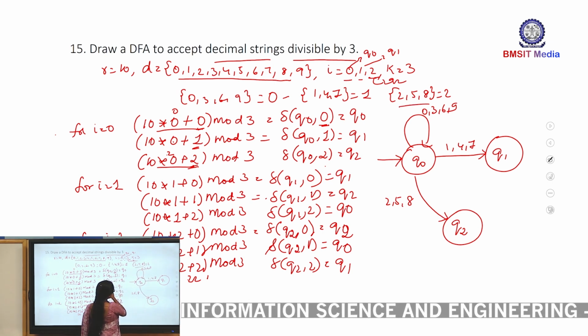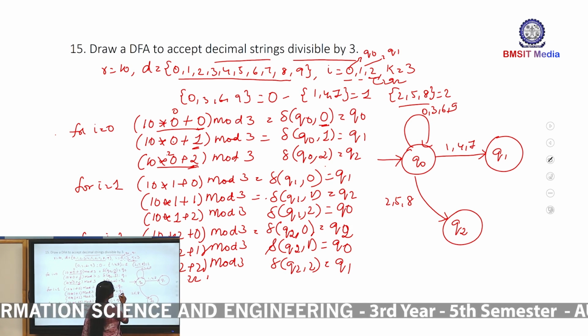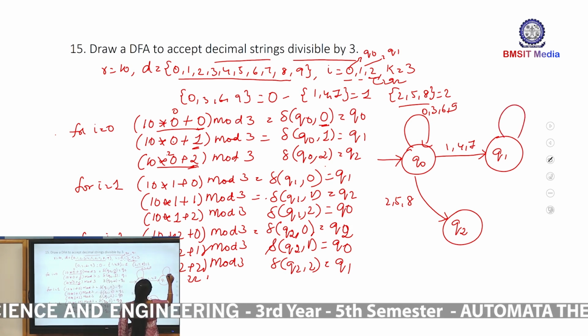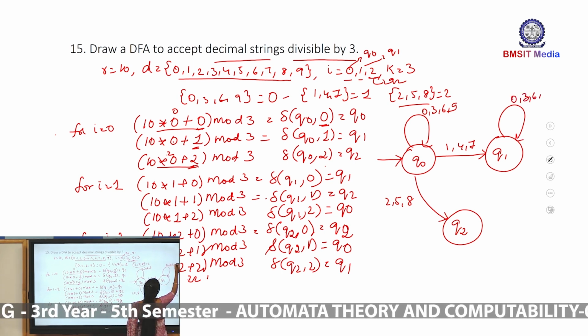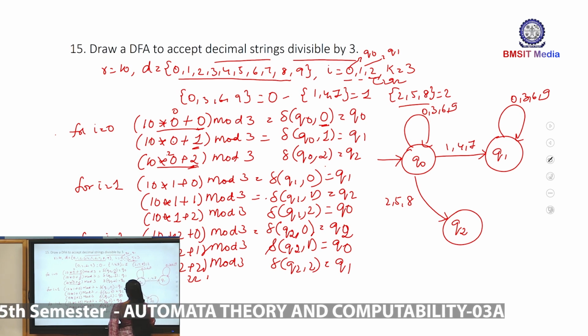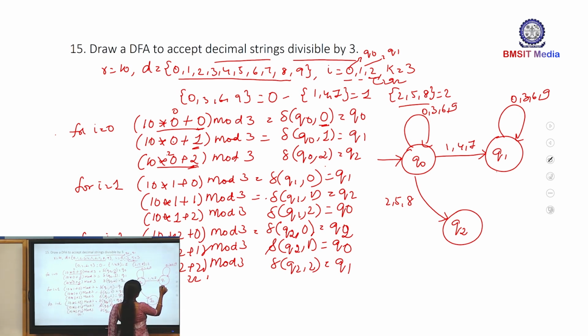Now coming to the next one, Q1. Q1, on seeing a 0, it remains in the same state, which is Q1. So 0 in sense, it is 0, 3, 6 and 9. And then Q1, on seeing a 1, it makes a transition to Q2. So on seeing a 1, I can write this as 1, 4 and 7.